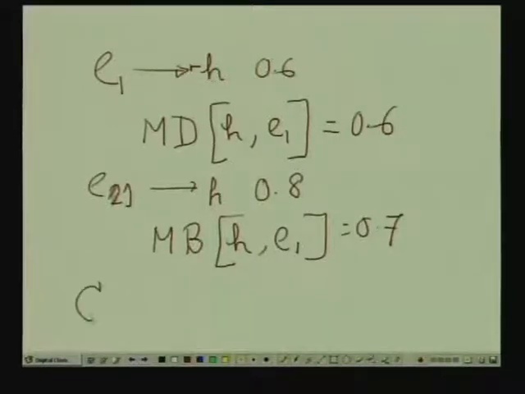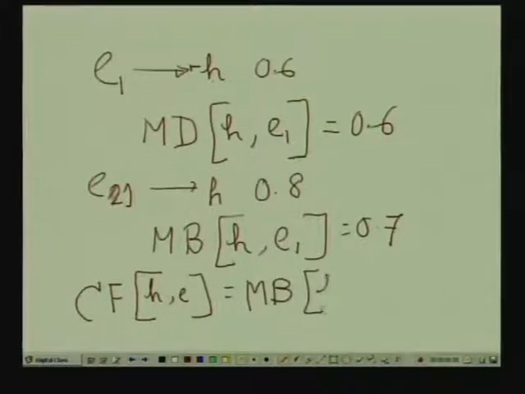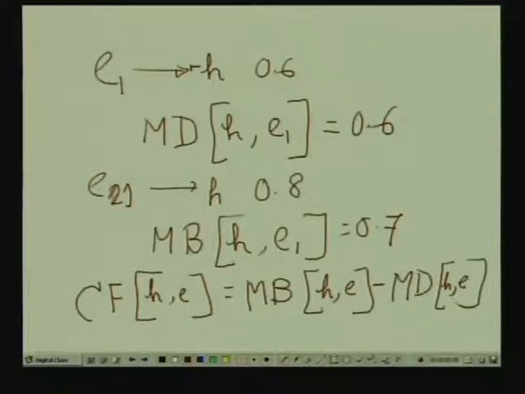Now, the certainty factor CF of H given E is the measure of belief in H given E minus the measure of disbelief in H given E. So, in this particular case the certainty factor will be 0.8 minus 0.6, equal to 0.2.